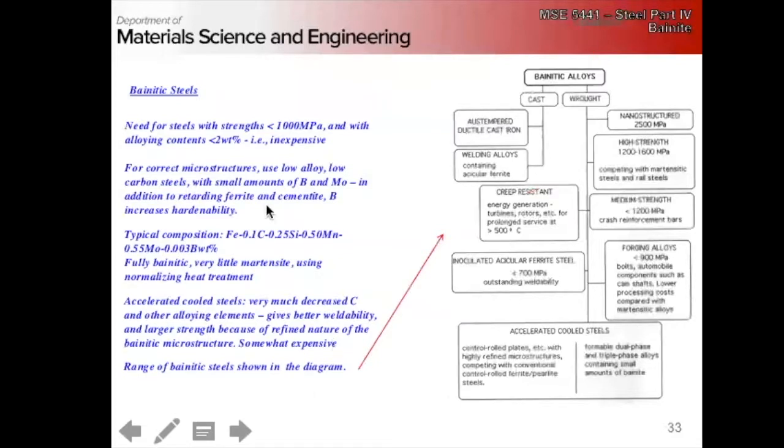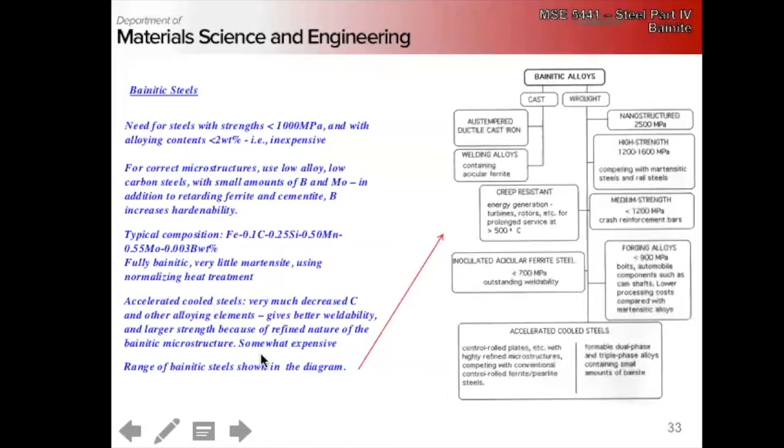So the role that Bainitic steels play is we want cheap steels, right? So we need moderate strength with a low amount of alloying elements, right? So we want things that are cheap but still stronger than pearlitic steels, right?